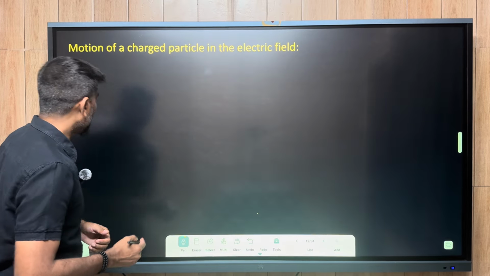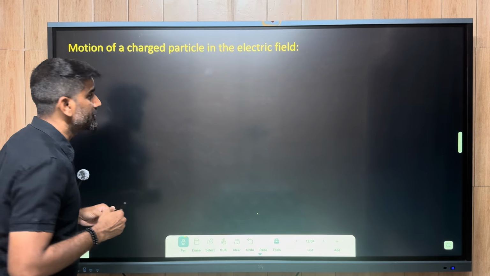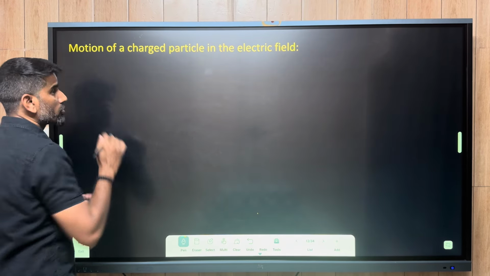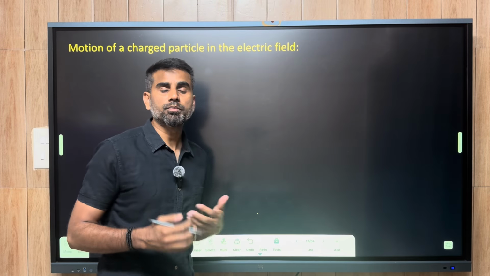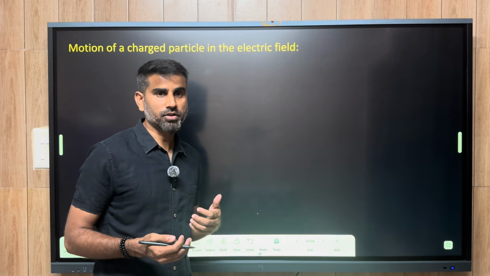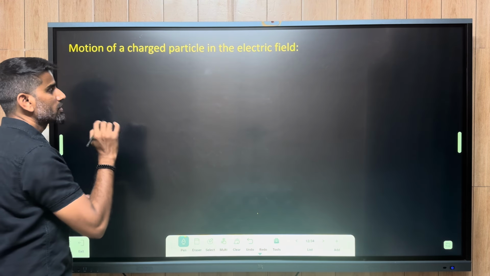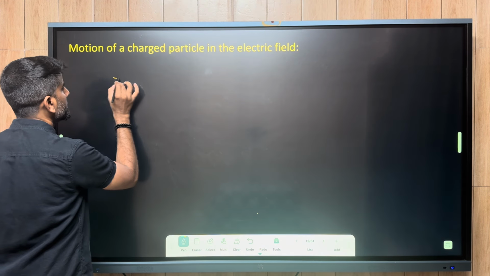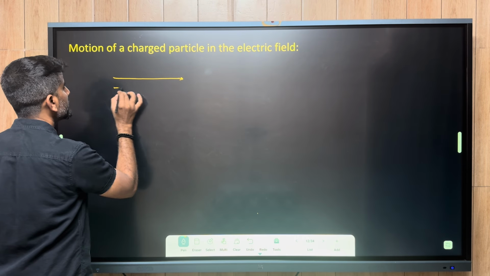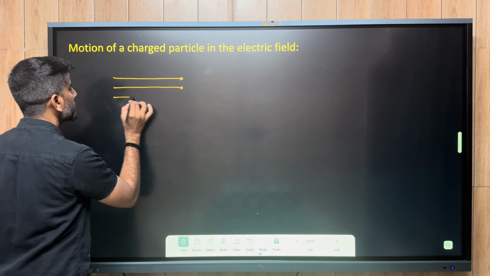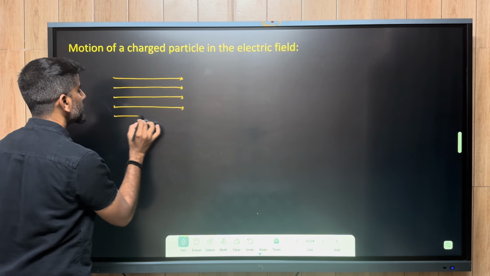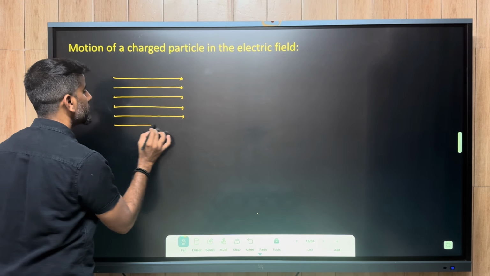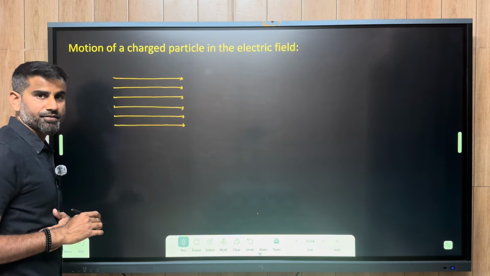I'm going to consider uniform electric field here. I'm not going to take many lines, which makes it a little complicated to make you understand. So these are the uniform electric field lines, which are pointing in the same direction, separated by equal distances.